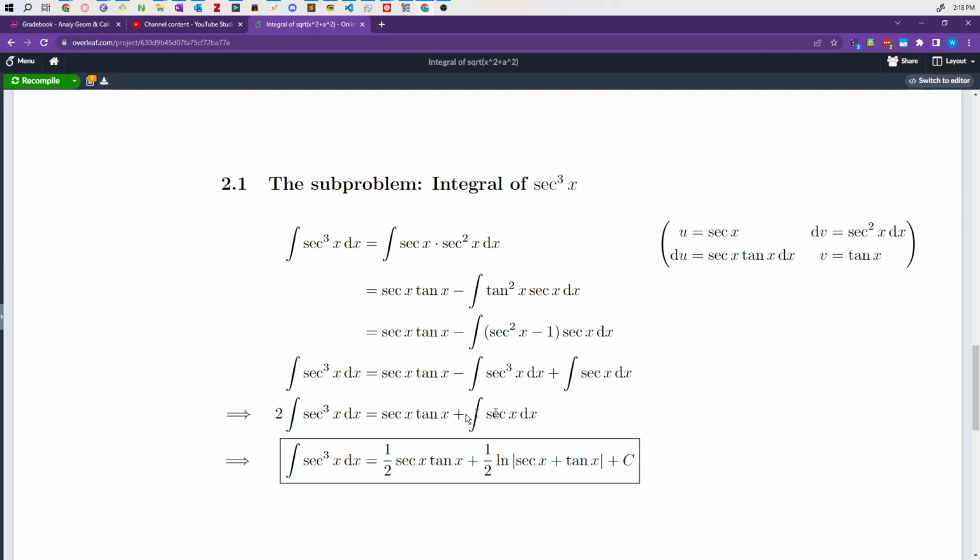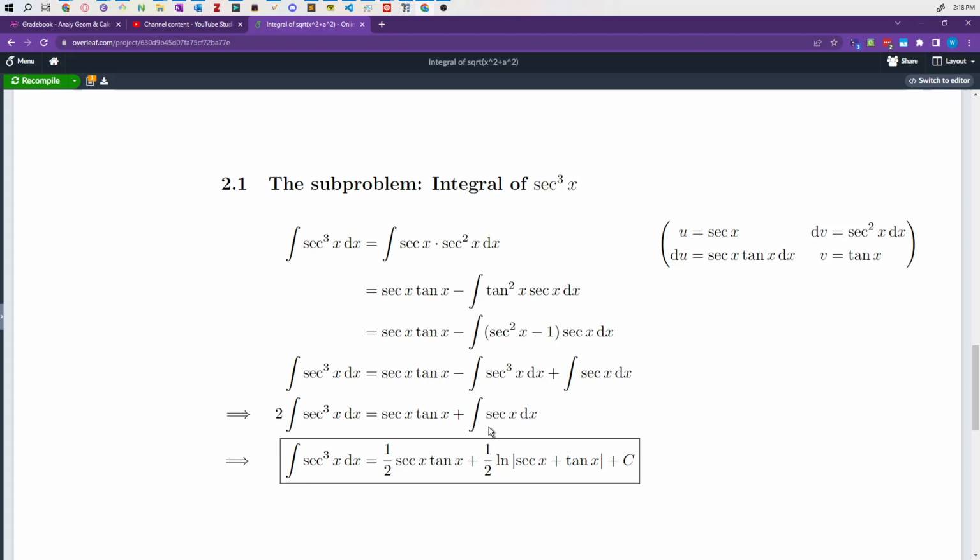And then, at this point, you would just have to know this fact that the integral of secant is ln of secant plus tangent. There is a way to show that. It involves knowing a clever trig property to force it to look like secant plus tangent on top and on bottom, to make it fit the format of being an ln problem. You've probably seen the derivation of it.